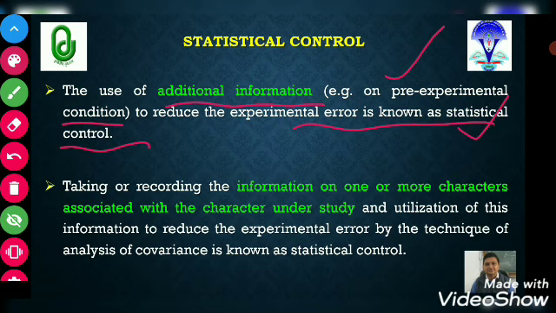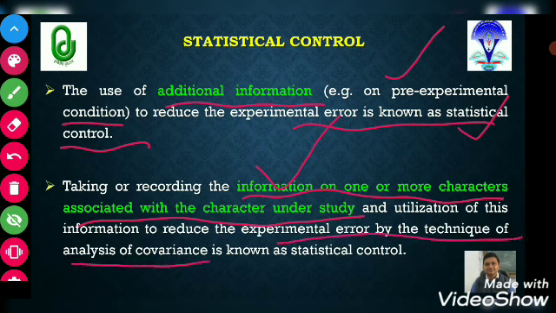Another way is taking or recording information on one or more characters associated with the character under study. Suppose you are studying milk production, but for safety you have also taken some measurements on other traits associated with milk production, and you analyze the experimental error with analysis of covariance.